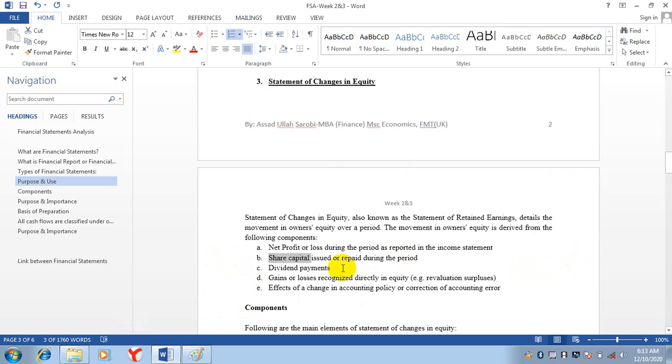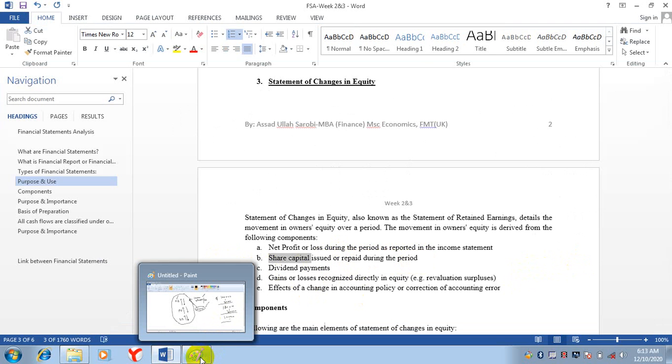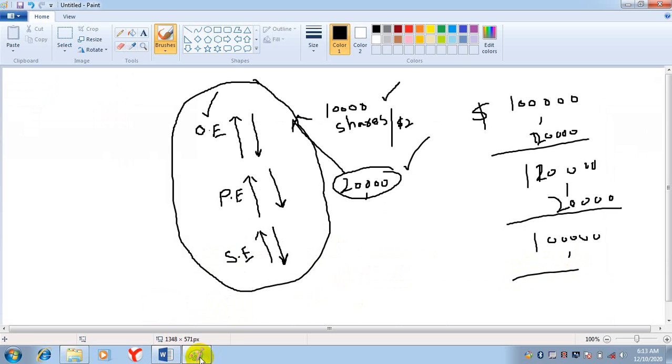Dividend payment. If you are paying dividends to the shareholders, your equity will come down. Suppose 1 lakh is our shareholders' equity and this year's profit is 40,000.